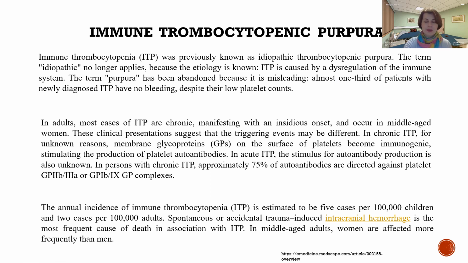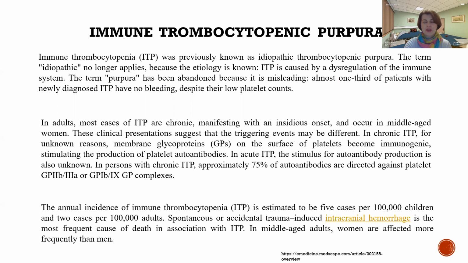In chronic purpura, for unknown reasons, membrane glycoproteins on the surface of the platelets become immunogenic and stimulate the production of platelet autoantibodies. In acute immune purpura, the stimulus for autoantibody production is also unknown.